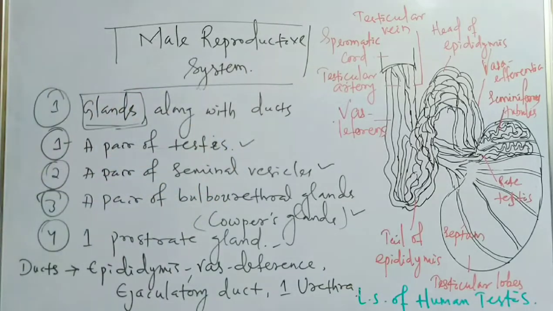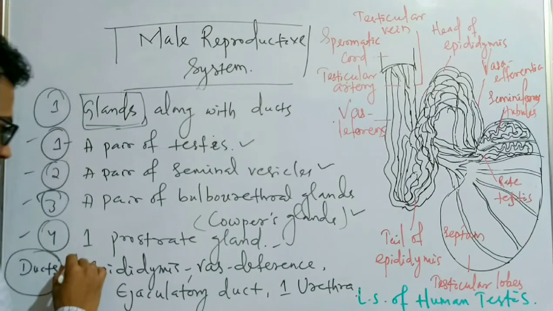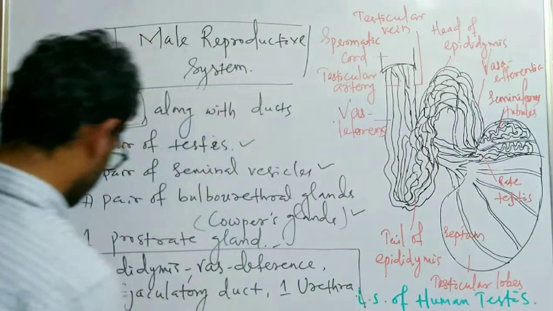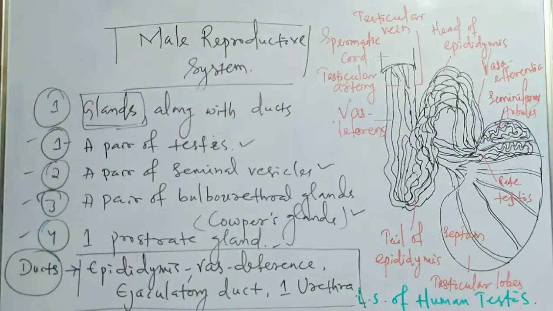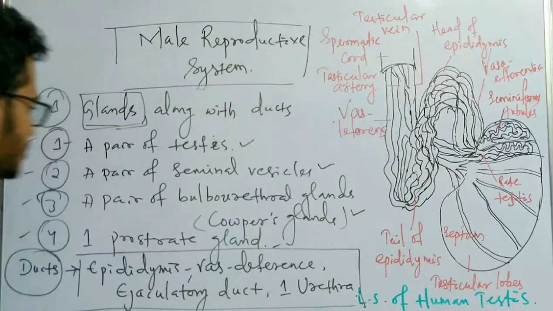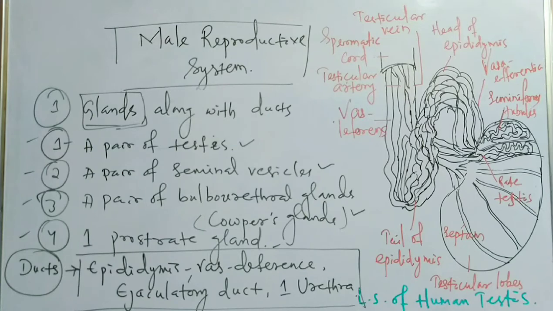Okay, so these are the important ducts associated with these different glands: epididymis, vas deferens, ejaculatory duct, and a single urethra is present in the male reproductive system. So this is the overview.